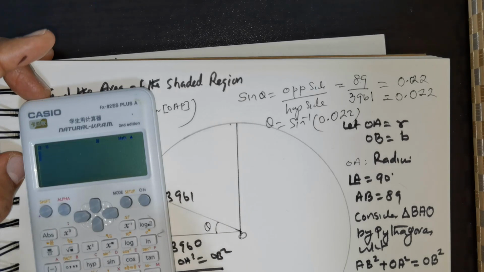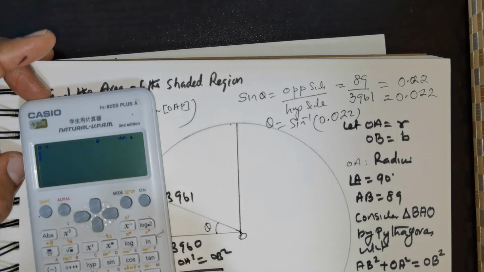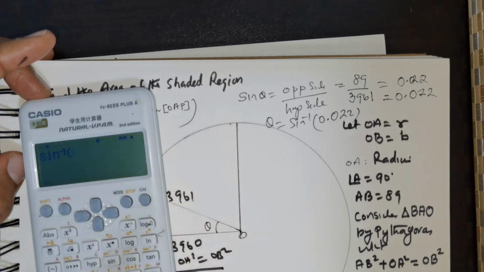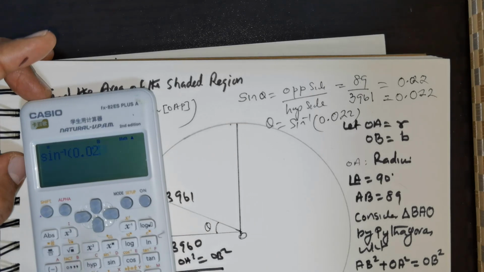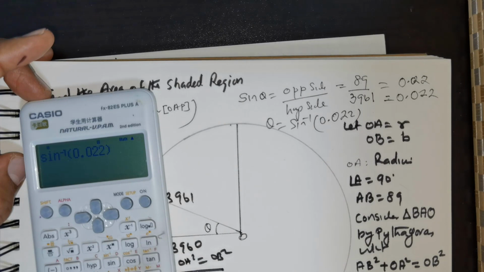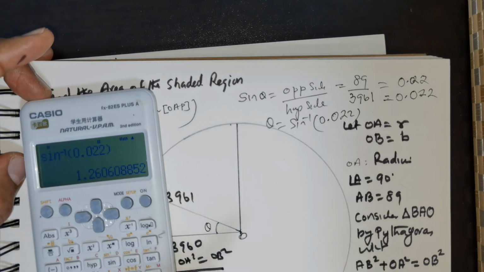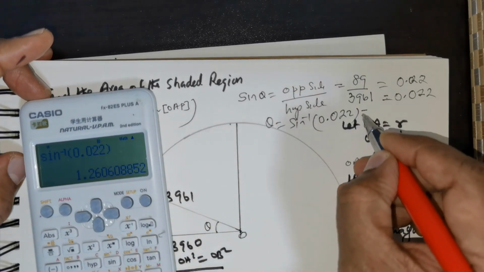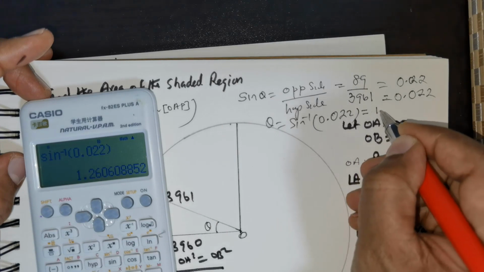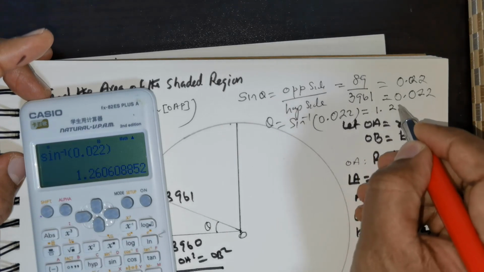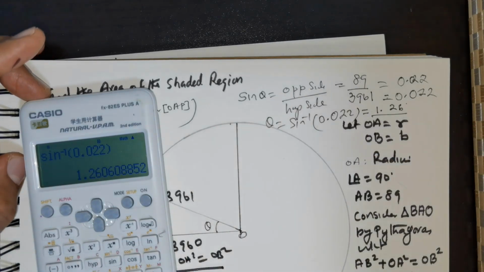So let me get that. Shift sine inverse of 0.022, right? And that is equal to, our theta is 1.26 degrees. This is the value we are getting.